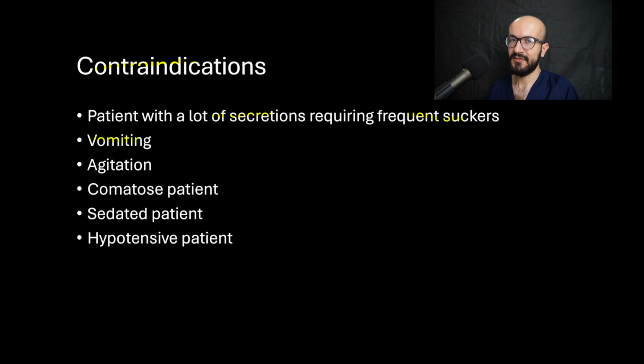That is because it requires a sealed mask. It is contraindicated in an agitated patient because it requires a cooperative patient who can listen to commands and apply them. And it is contraindicated in comatose and sedated patients because these patients cannot follow commands, and in hypotensive patients because it would aggravate the hypotension.